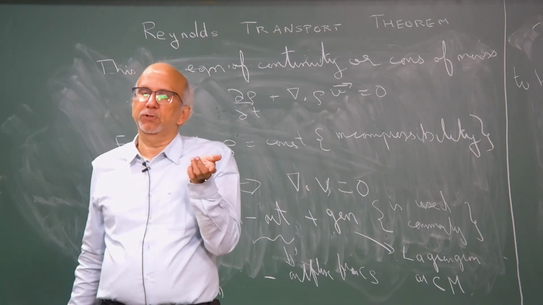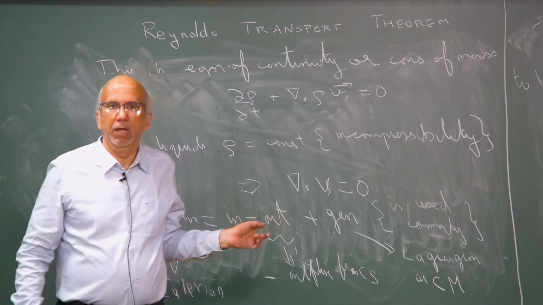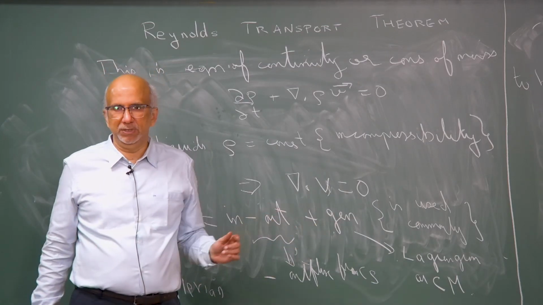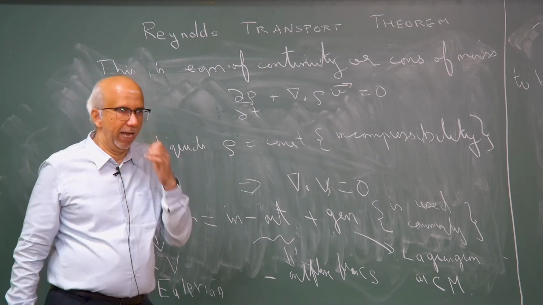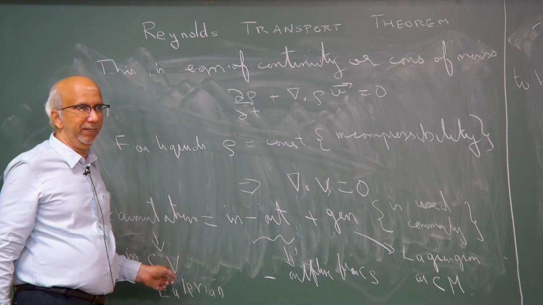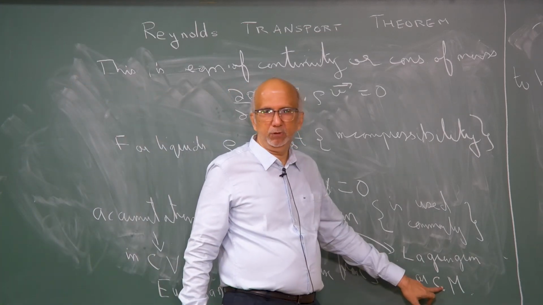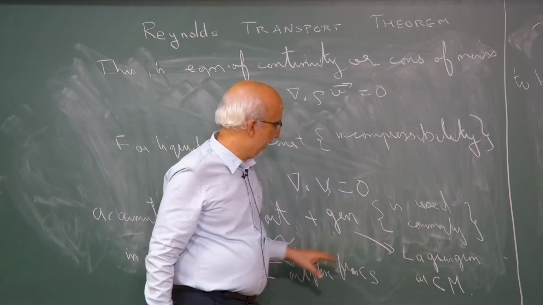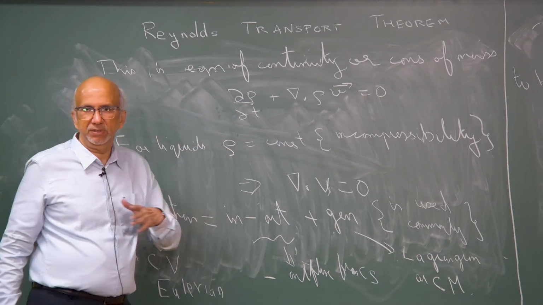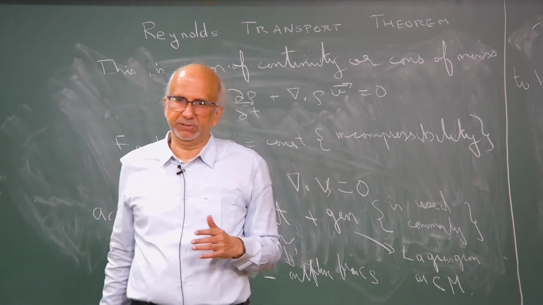The Reynolds transport theorem is just a different way of writing accumulation equals in minus out plus generation. Accumulation is the triple integral over the control volume. This is the derivative over the control mass, the one we had on the left hand side when we derived, and this is the term which is associated with the control surface, what is going out of the control surface.